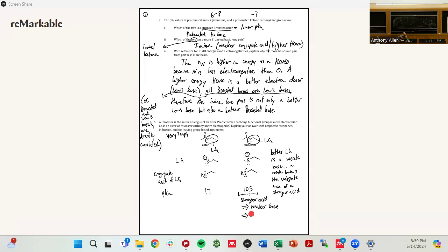Therefore, better leaving group. Therefore, the carbonyl of this is a better leaving group. It's easier for that to leave. It's easier to replace it, which would make that carbonyl more electrophilic.